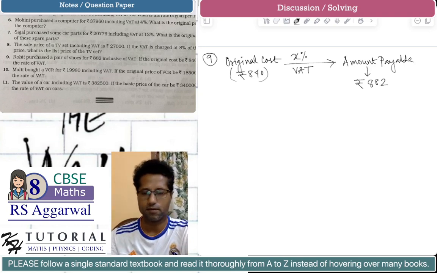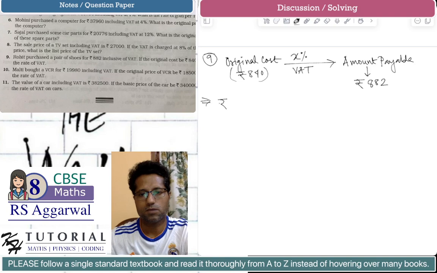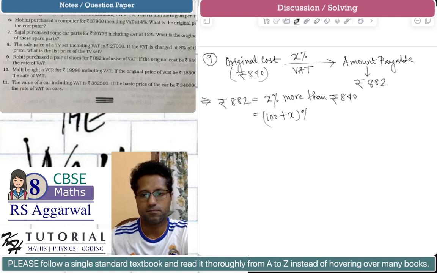So from this problem statement, we can say that rupees 882 should be equal to X% more than rupees 840, which is equal to X% more means 100 plus X% of rupees 840.